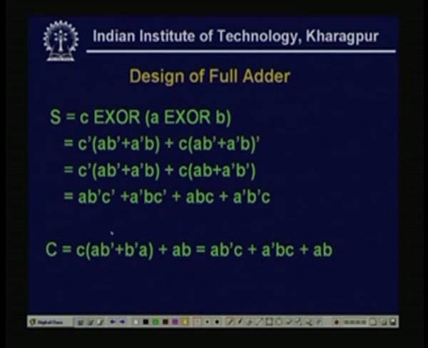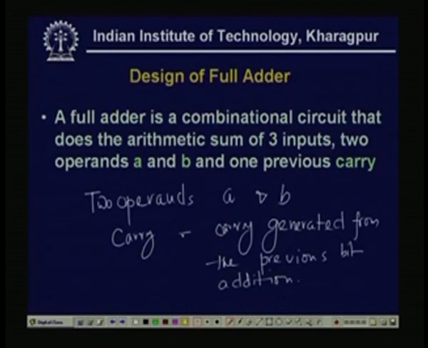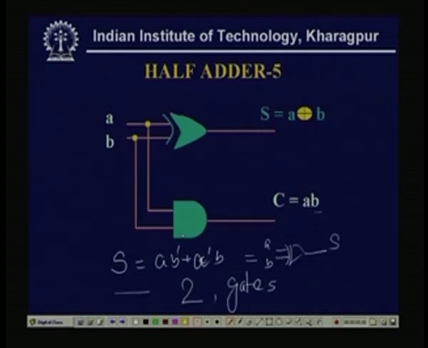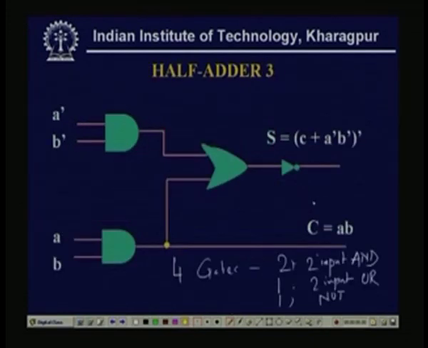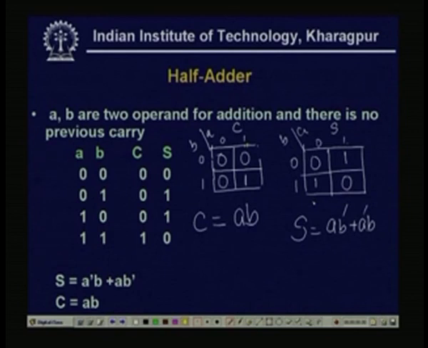See, again we go back to our half adder. Our half adder was simple A XOR B and the carry was A B. That was the half adder circuit, because of the truth table.